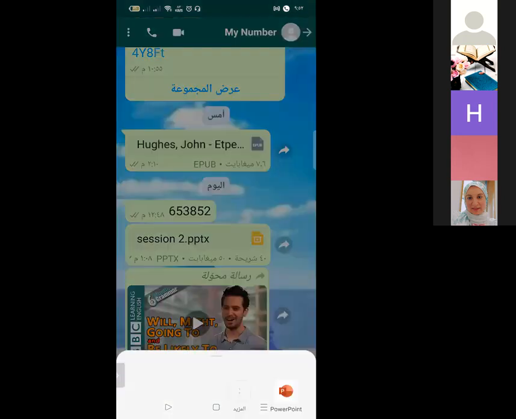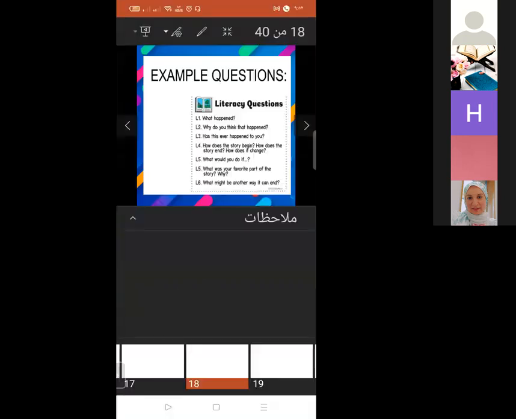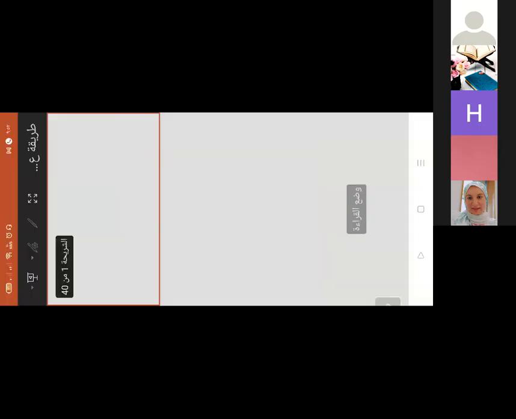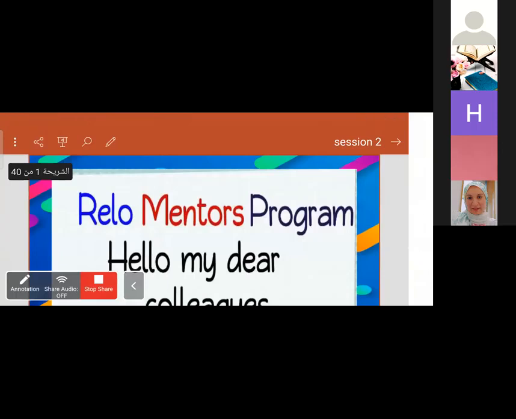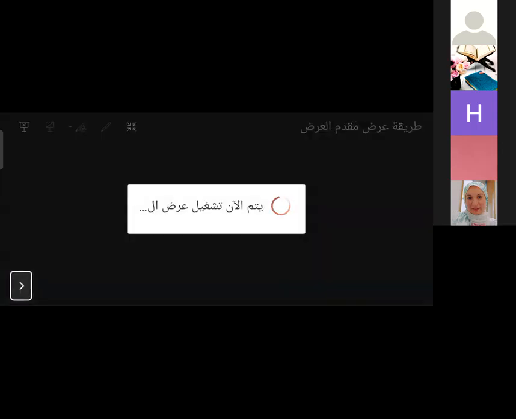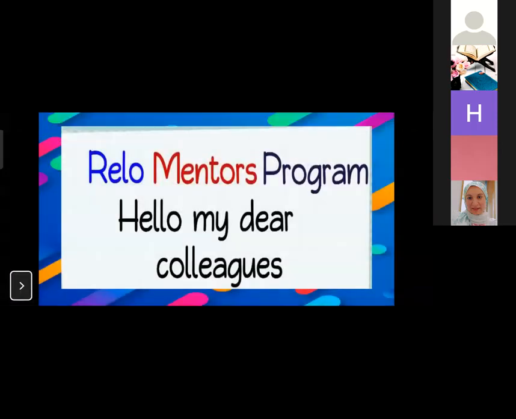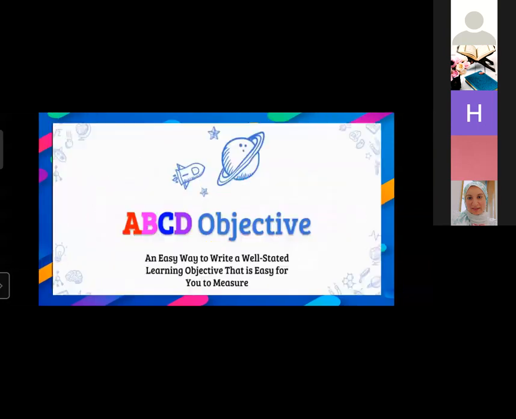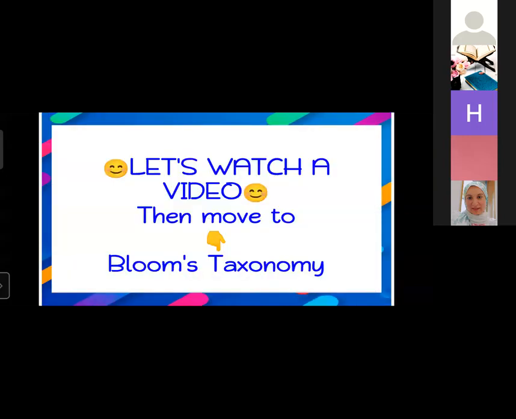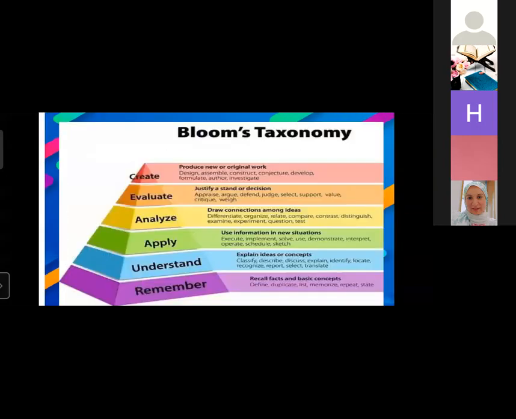To turn what we are teaching them into something measurable. Not only just teaching, but to apply what they have learned. And we have reached the application part here.